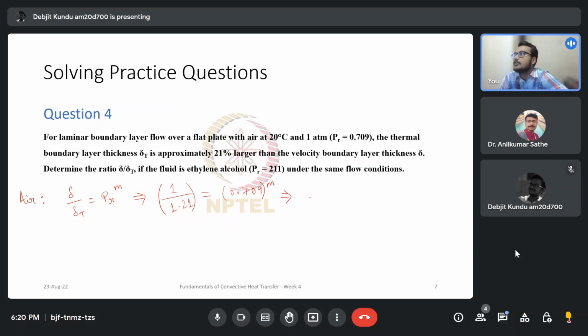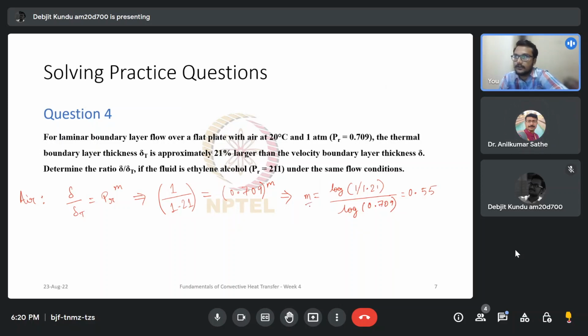So if we take log on both sides, m can be written as log of 1.21 divided by log of 0.709. How much was it? 0.5542. Let's keep it to 0.55.